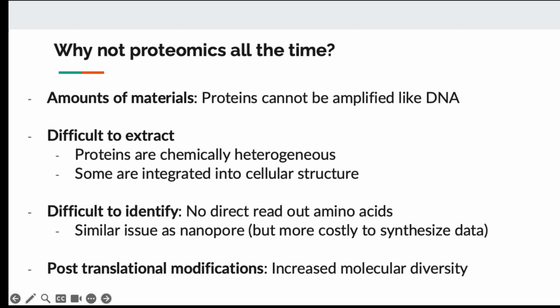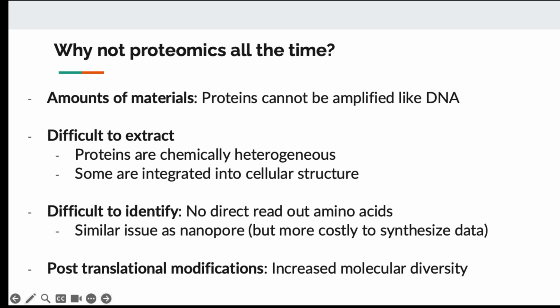And also, to make the problem even more complex, for RNA and DNA, we have some isoforms. One gene can give rise to multiple RNA isoforms based on the splicing. For proteins, as we will see, because we use mass spectrometry, as the name implies, we are going to analyze the mass of the protein.